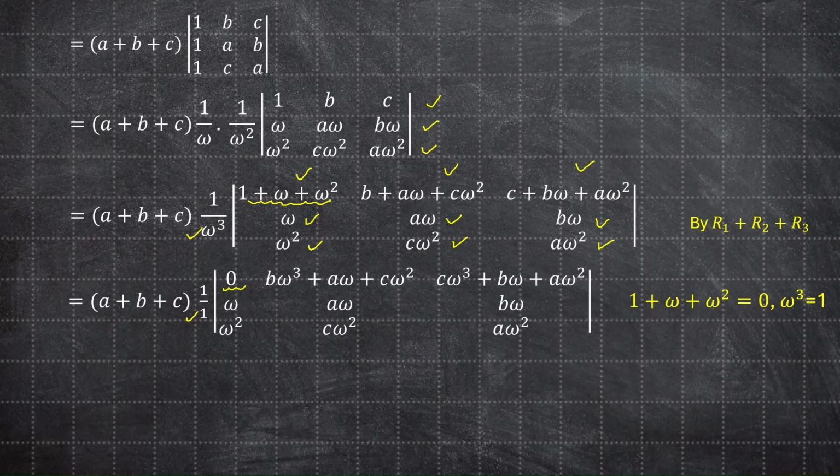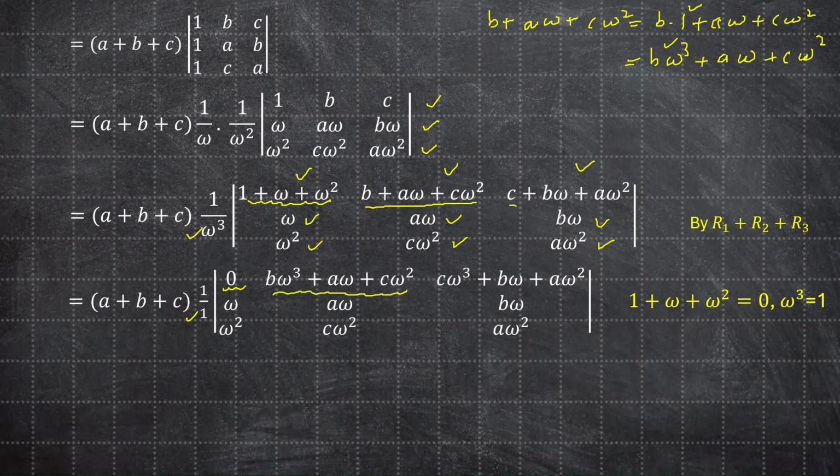Now note one thing. The term b plus a omega plus c omega square, we can write as b into 1 plus a omega plus c omega square. We shall replace this 1 by omega cube, and we can write it as b omega cube plus a omega plus c omega square, which has been written here.